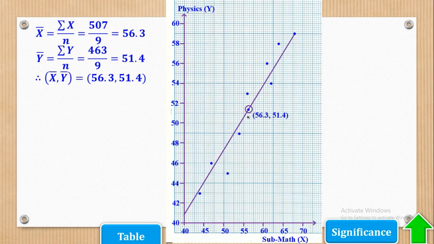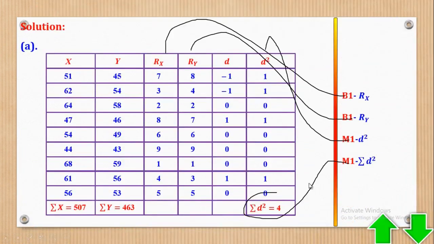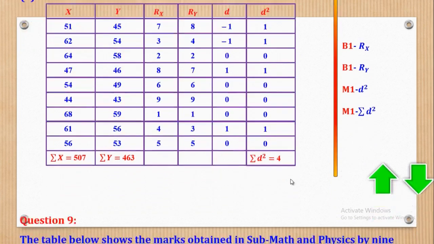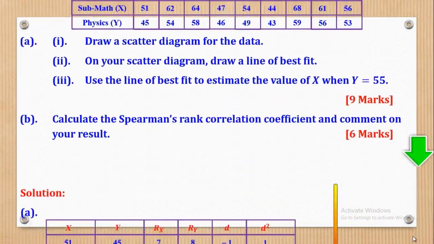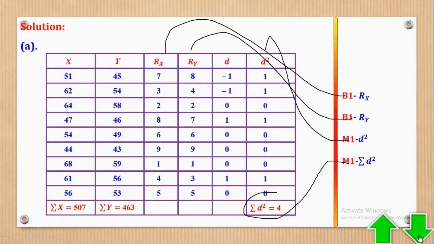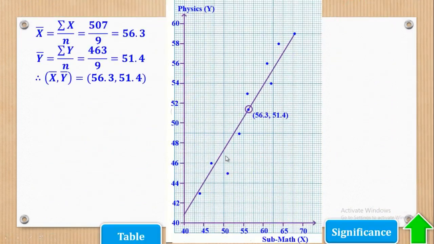The next is to use the line of best fit, because here they told us to use the line of best fit to estimate the value of x when y is 55. So we are going to come here and look for 55 on the vertical axis, then take a horizontal line there.